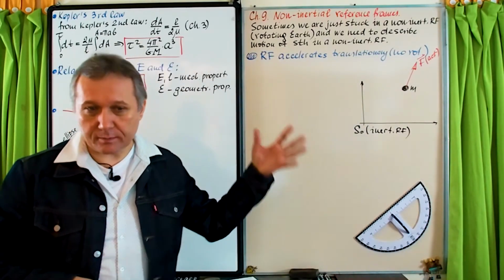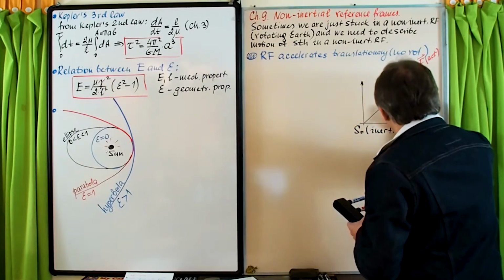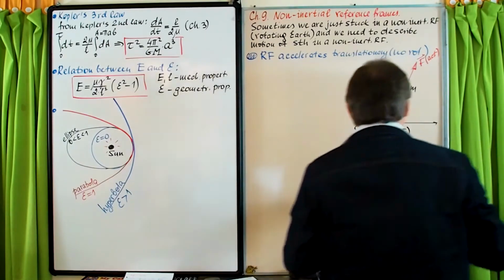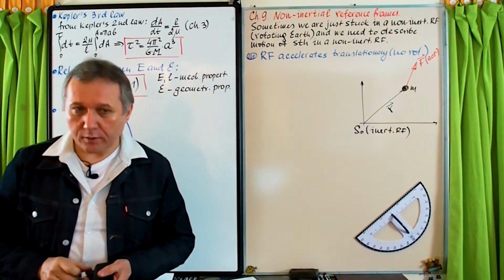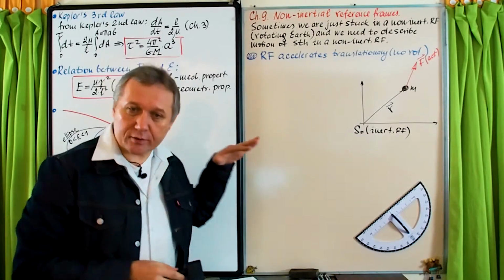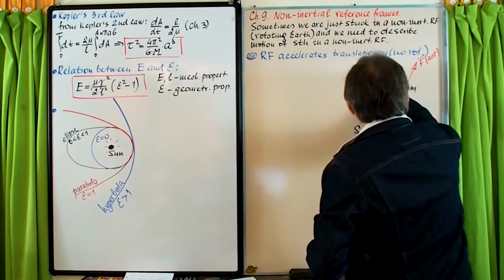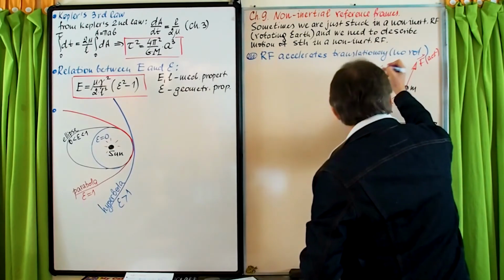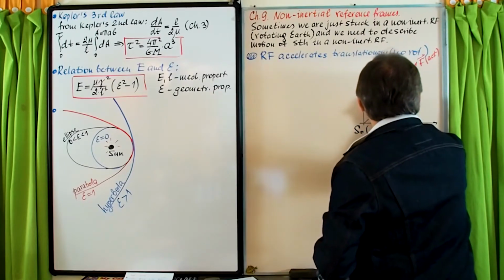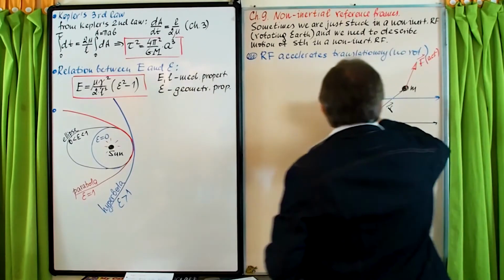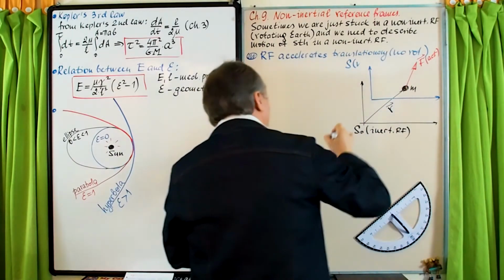The position of this mass can be defined by the position vector r small. But now let's introduce a non-inertial reference frame, which accelerates translationally. I will probably use blue color. Let's say this is reference frame S, and this is non-inertial.